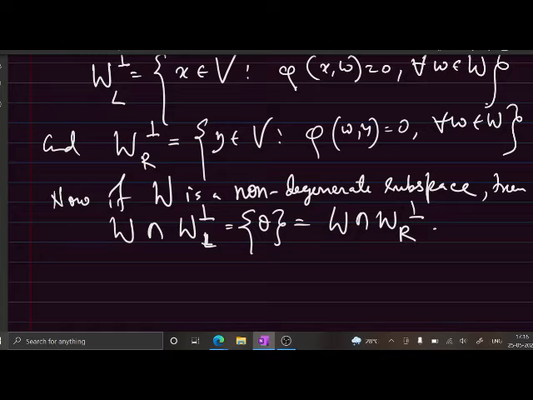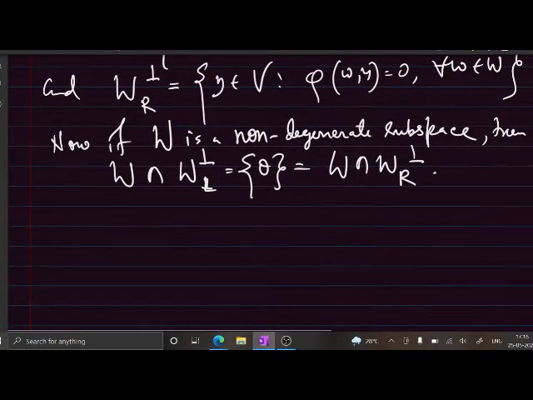With respect to this observation, given a non-degenerate subspace W, the vector space can be decomposed into two parts, W and either W left perp or W right perp, that is, V will be represented as a direct sum of W and this, or W and this.